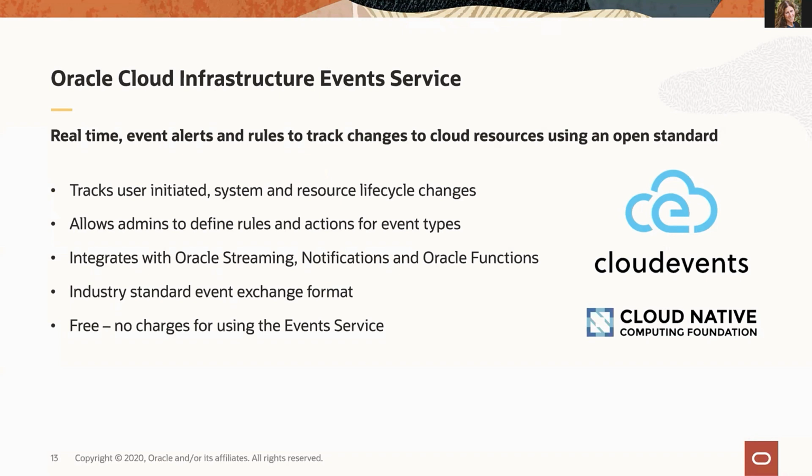Now you terminate it. That's another event. Signing in to your tenancy would be an event. A Kubernetes cluster upgrade is an event. An object creation on Object Storage is an event. And we'll use that particular event in a demo that we'll do later on.